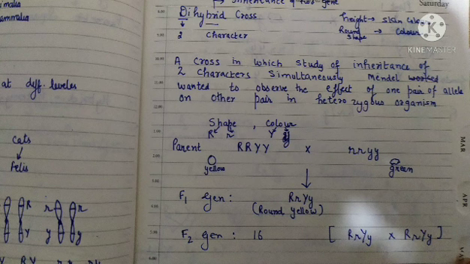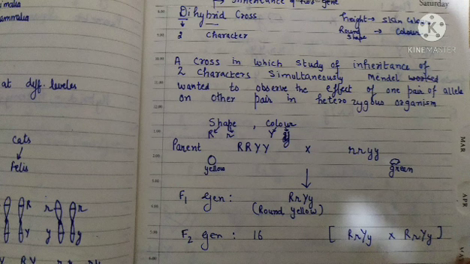So Mendel performed his dihybrid cross using two different characters, seed shape and seed color. The shape of the seed may be round or wrinkled, where round is the dominant trait and wrinkled is the recessive trait.